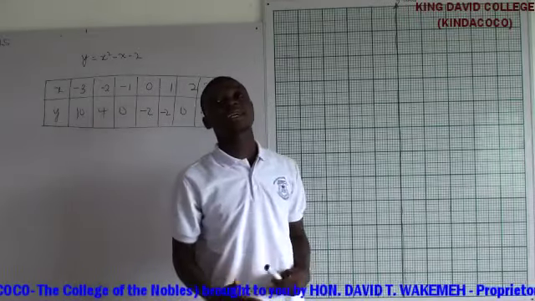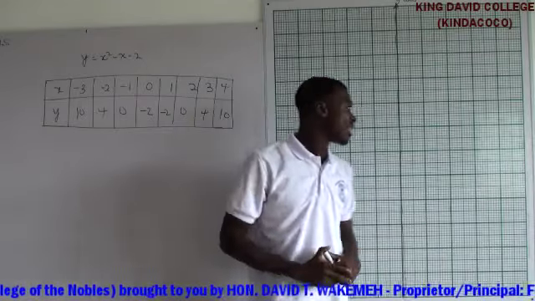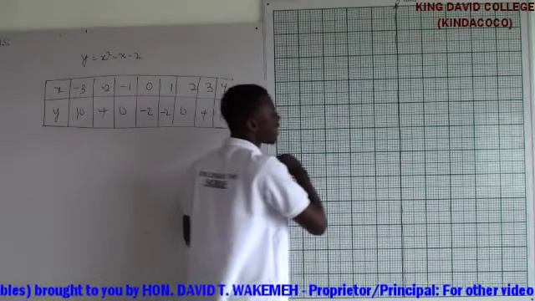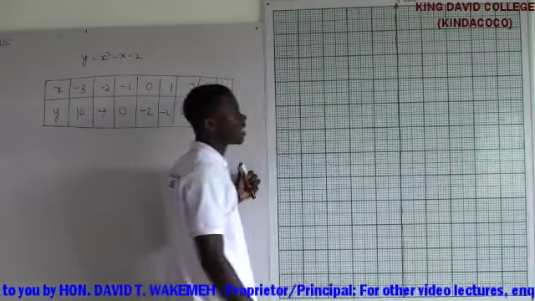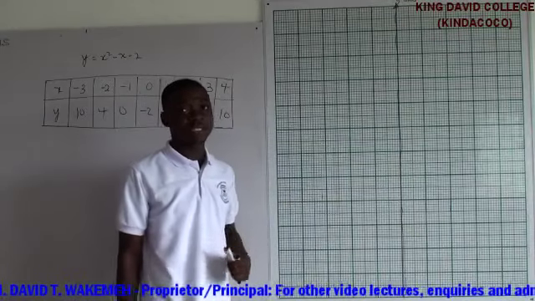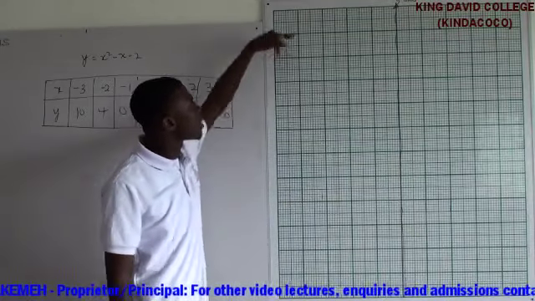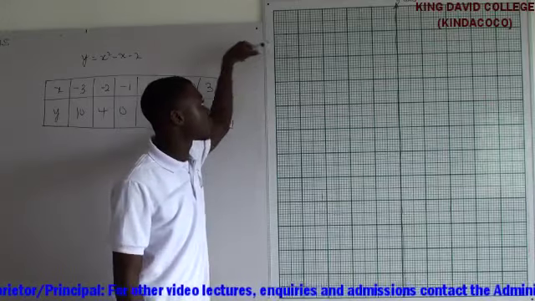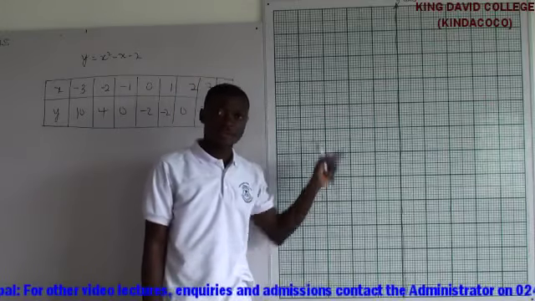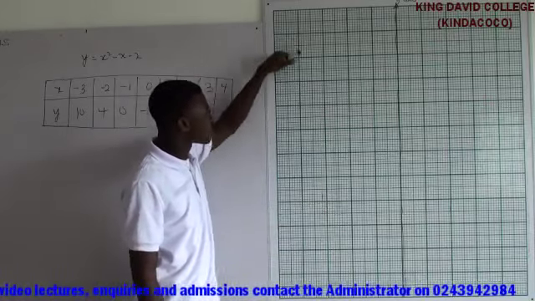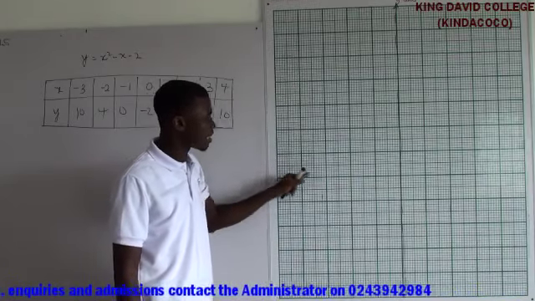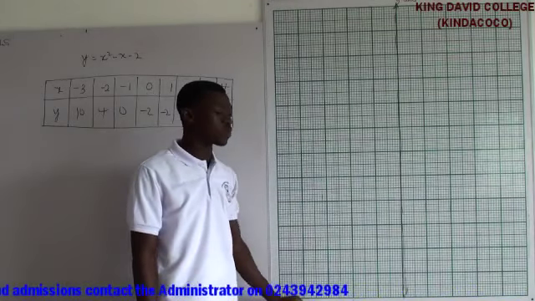So it will not make much sense to divide my graph into what? Equal halves. No, it won't make sense, because we have 12 different vertical divisions for this. That is 1, 2, 3, 4, 5, 6, 7, 8, 9, 10, 11, 12.